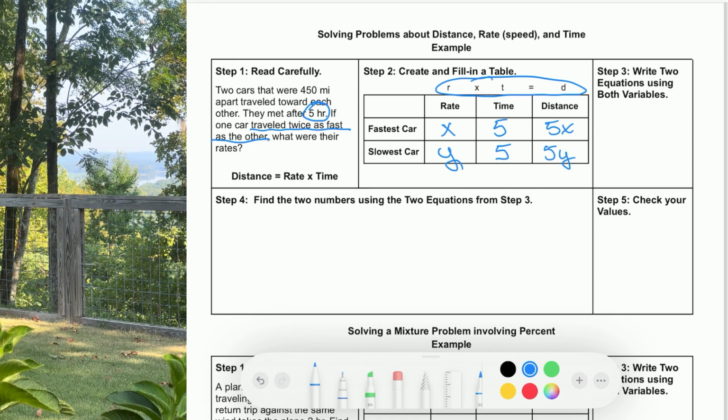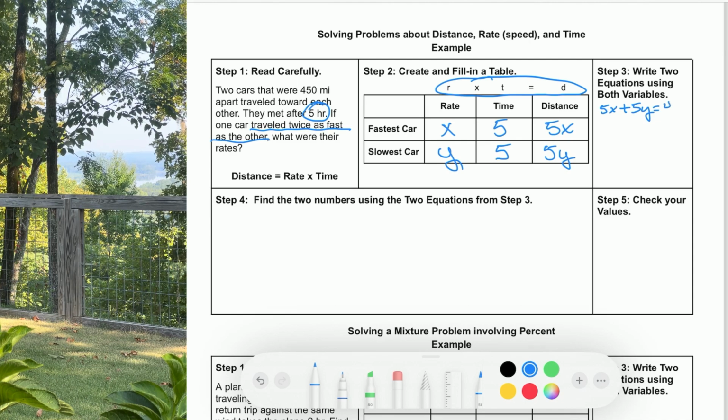All right, so let's write our equations. I know that we don't know exactly how far each of them traveled, but if we add their distance together, we get that total amount between them, which was the 450. So that's why we're going to set this one up like this.